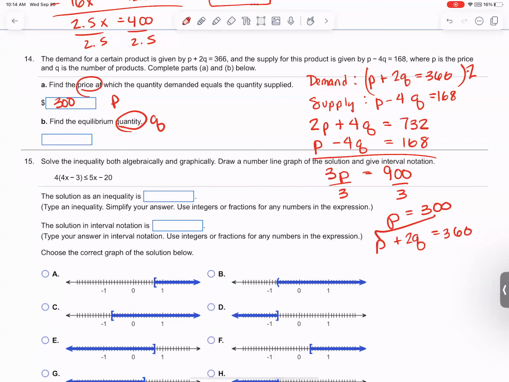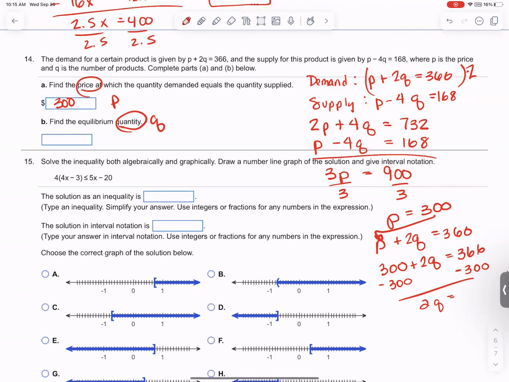I'm going to plug that in right there. So Q is 33. So the equilibrium price is 300. The quantity is 33.